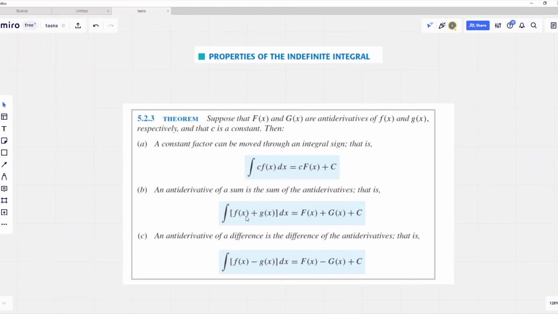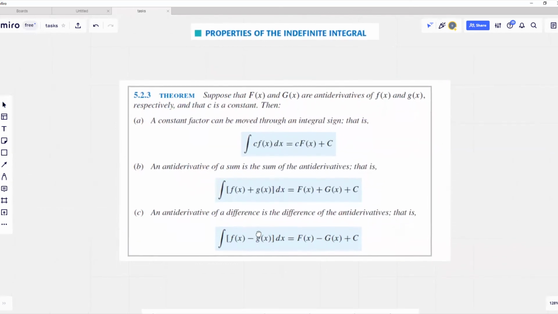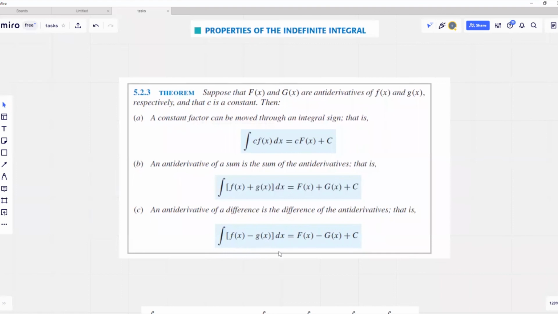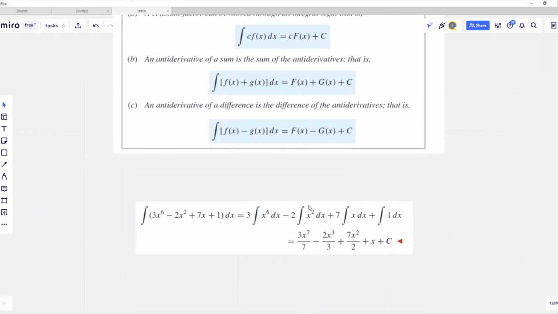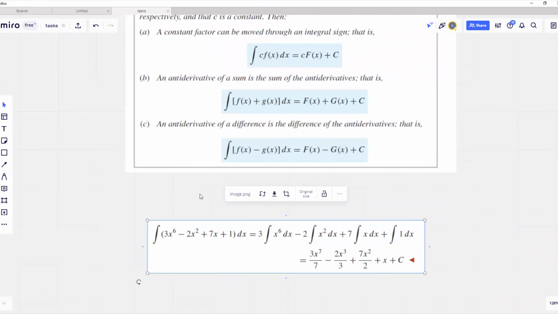If we are looking at the integral of a sum of two functions, then we can calculate the integrals of f(x) and g(x) separately, and then just sum up their antiderivatives. And a similar case holds for the difference of two functions. These properties can be nicely summarized in the following example.